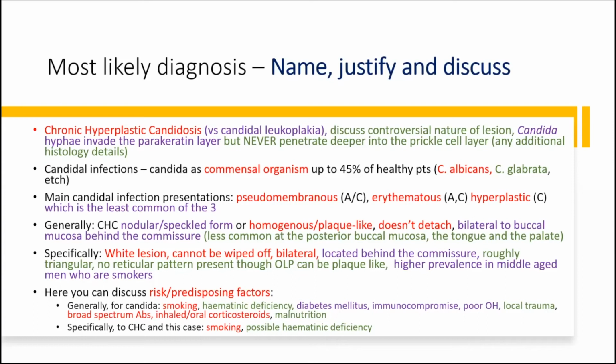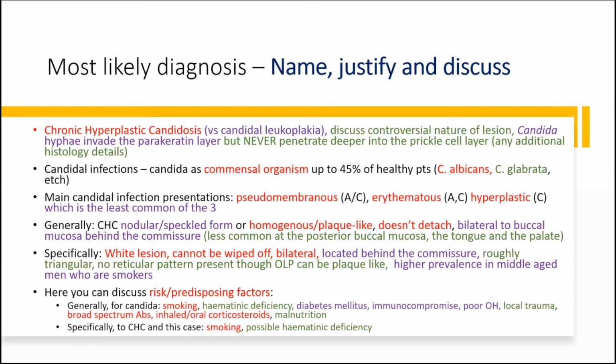Extra points you would get by mentioning candida leukoplakia, which is a term that used to be used in the same way, but some oral med specialists now use them separately. Some still use them the same. Some use only chronic hyperplastic candidosis and not at all candida leukoplakia. If you discuss the controversial nature of the lesion, so it is a lesion that is very much debated in the oral med world, okay?